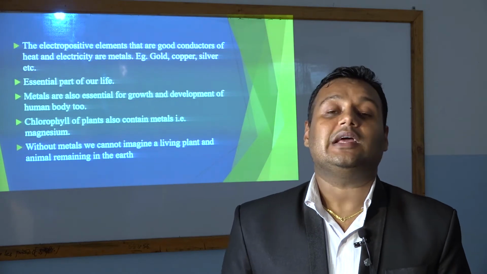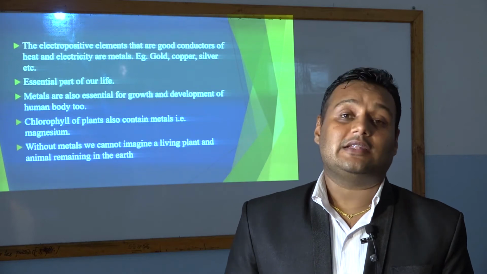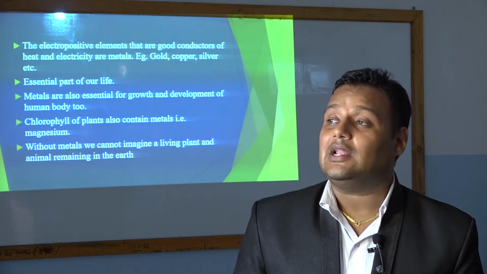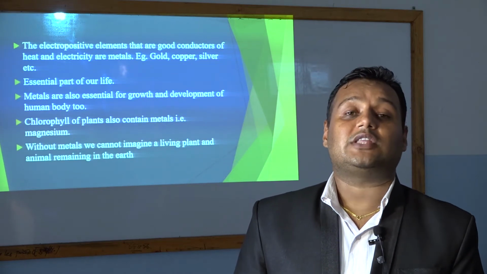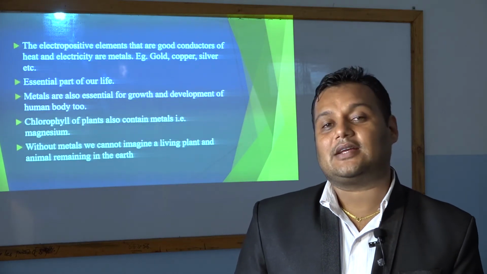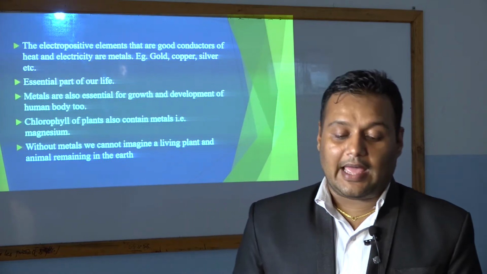In human blood it is present in the form of hemoglobin, and in plants, in chlorophyll. Chlorophyll is made up of magnesium. So without metal a plant doesn't exist, and without metals an animal cannot live.